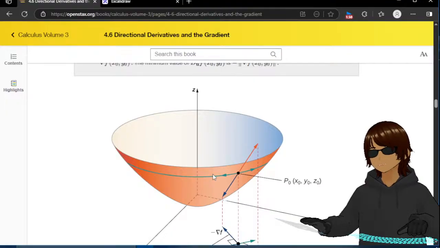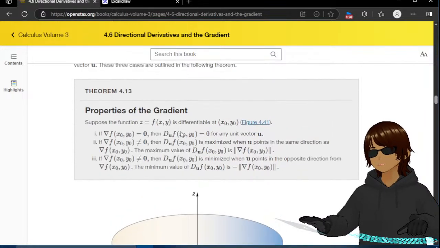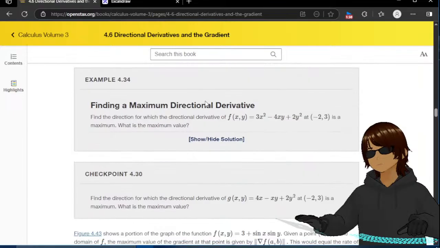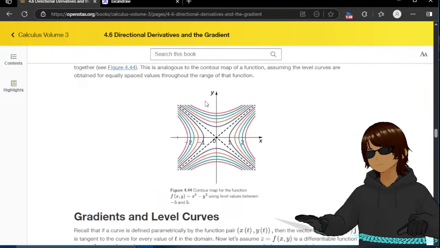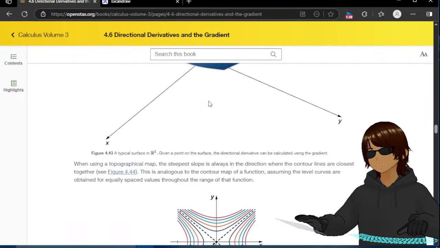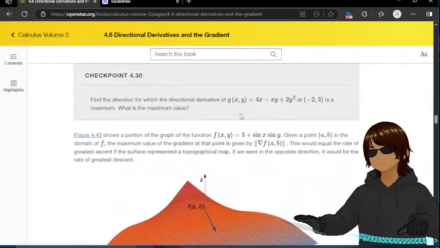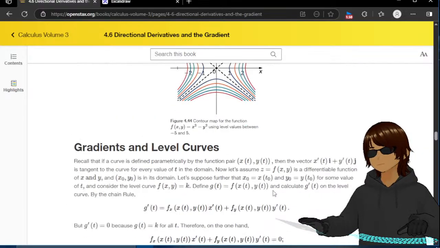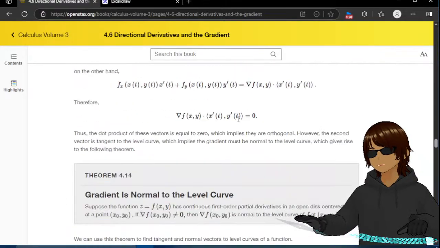And if u is over here, then phi is 90 degrees, and the directional derivative is 0 because there's no change in c. Gradients and level curves. A level curve is all the points where z has the same value, right? Level curves.